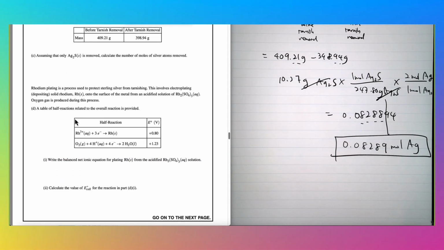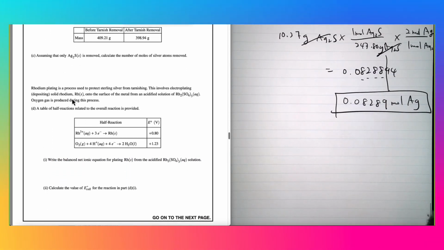Now part D, we have electrochemistry with a voltage and half reaction. So one of them is going to be reduction, another will be oxidation. So rhodium plating is a process used to protect sterling silver from tarnishing.